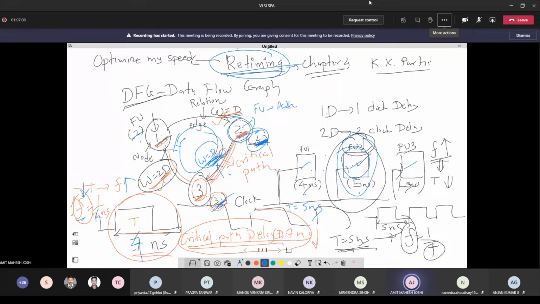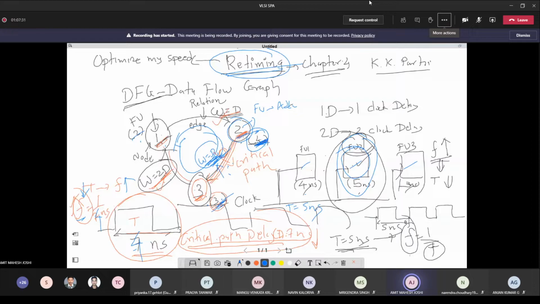That means the total number of delay elements is 3. Then if I want to optimize, after optimizing also the number of delay elements inside the loop should be 3 only. How you can do it and why, that we will discuss. Just to give you the brief, I think this is enough.